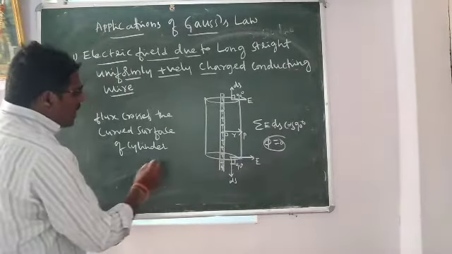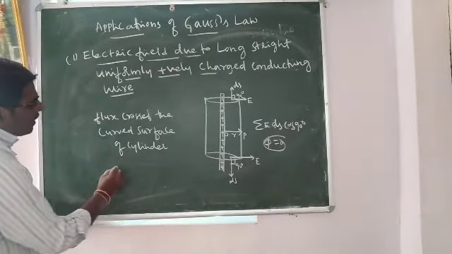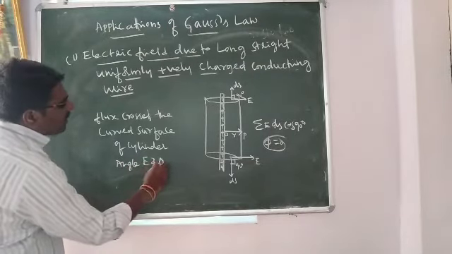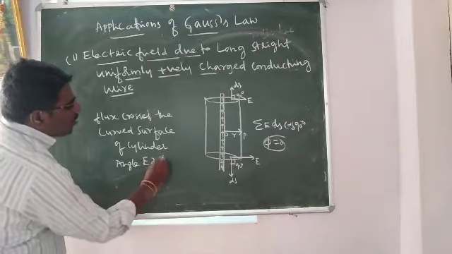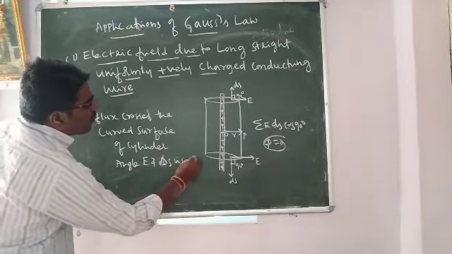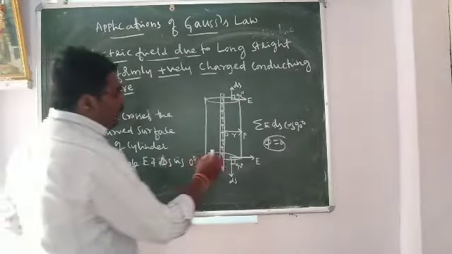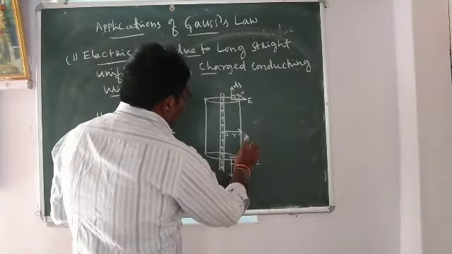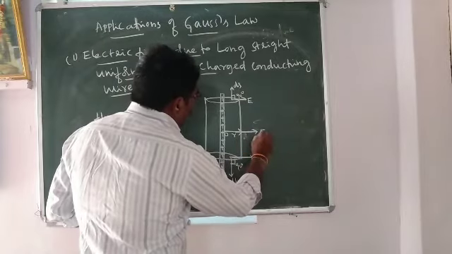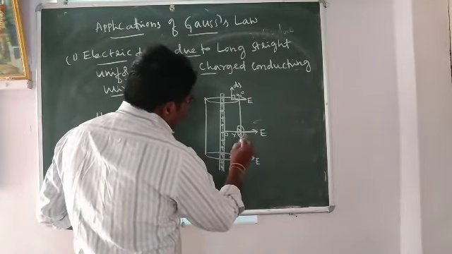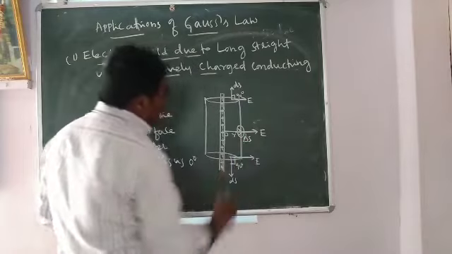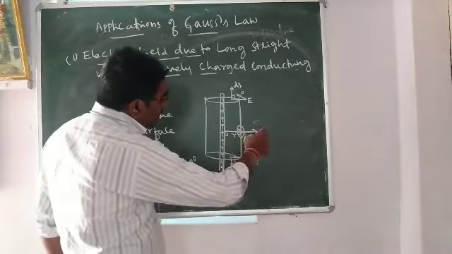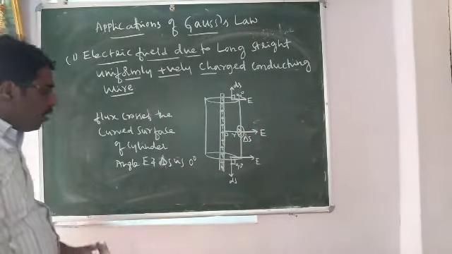But along the radial direction, the angle between E and delta S is 0 degrees. Consider one of the closed surface. At this point, this is the delta S, the area element. The angle between E and delta S in this direction is 0 degrees.